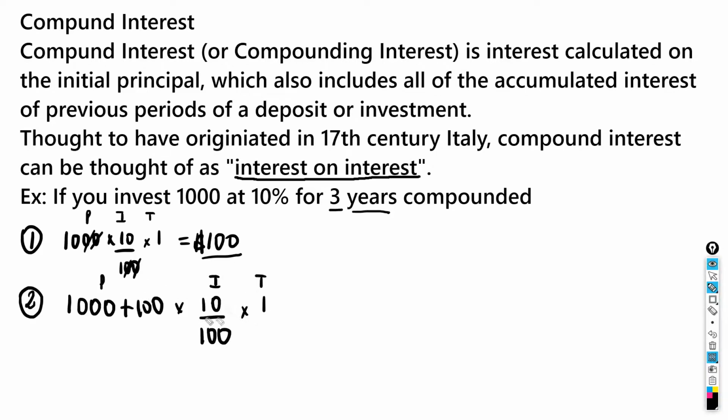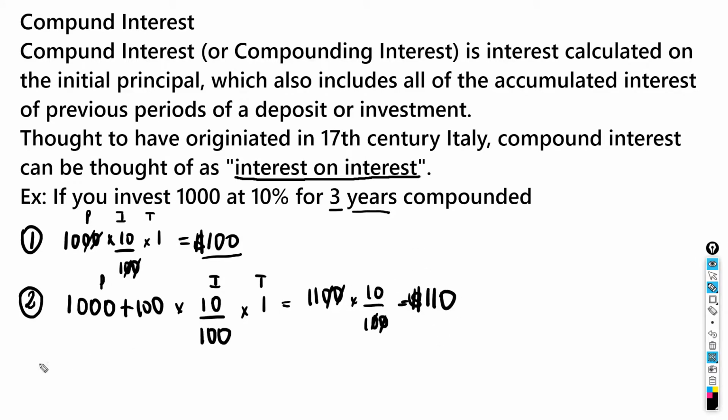In this case you're going to end up with 1100 multiplied by 10 over 100. Then these two zeros cancel these two, and you end up with 110.